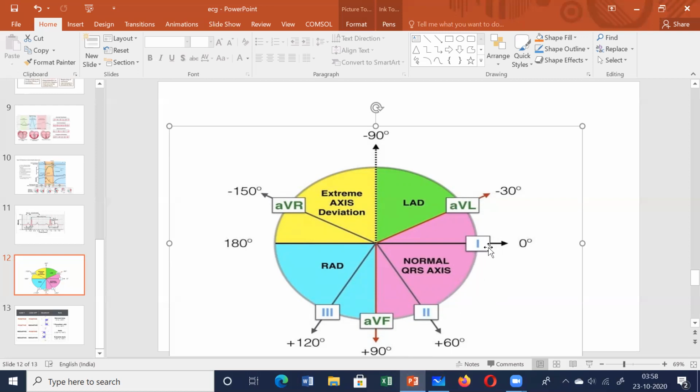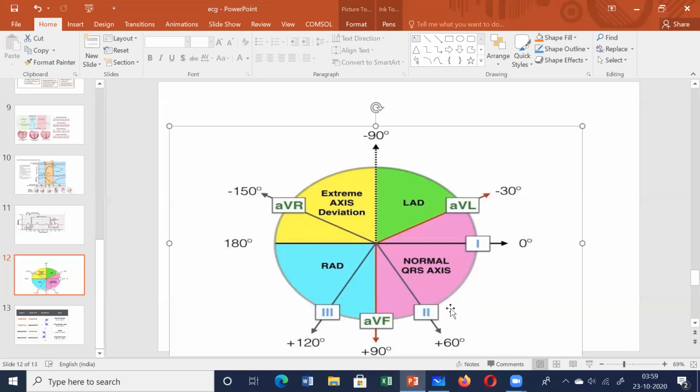If it is positive in both lead 1 and lead 2, the axis is normal. But if it is positive in lead 1 and negative in lead 2, it indicates left axis deviation.